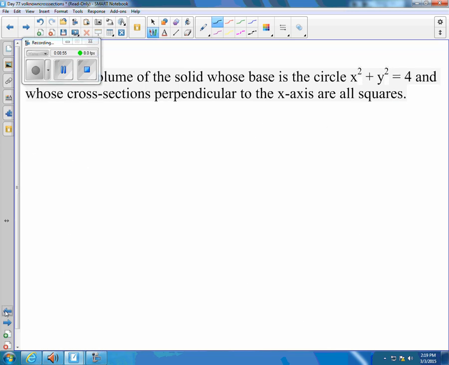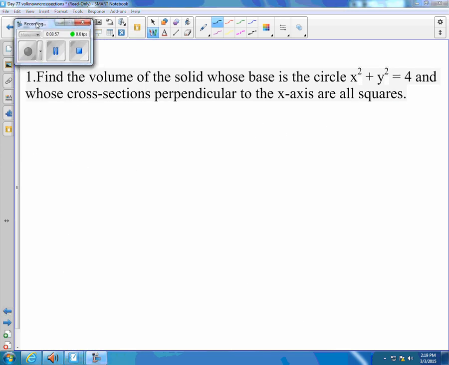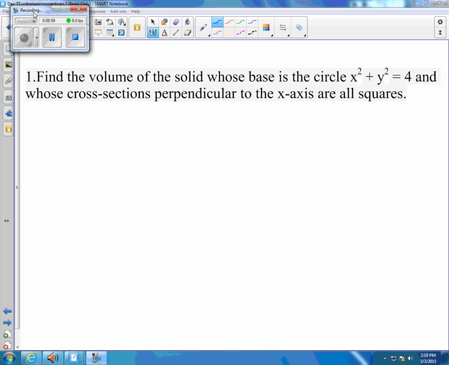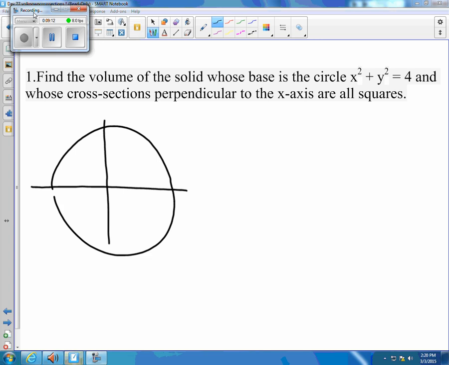Okay. Our first example, find the volume of a solid whose base is the circle x squared plus y squared equals 4. Hopefully you recognize that graph would be a circle. The center is the origin, and whose radius is 2. This is the graph. Y, well, it's not solved for y.